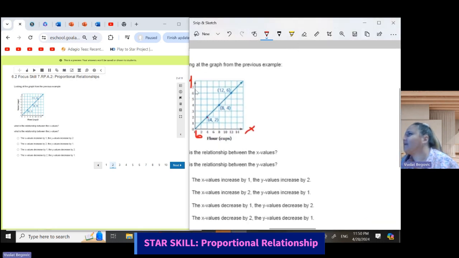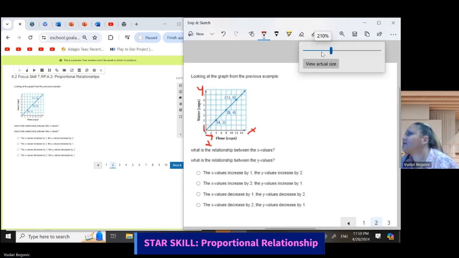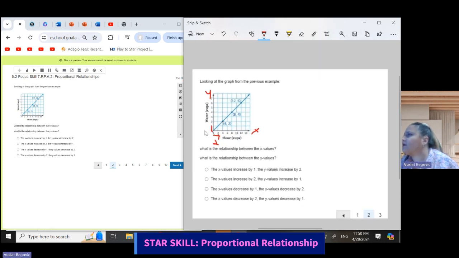As you can see, from 0 to 2, x values increase by 2 every time. And the y values, while this happens, increase by 1, okay? So that means the x values increase by 2, the y values increase by 1. I'll choose that, okay?